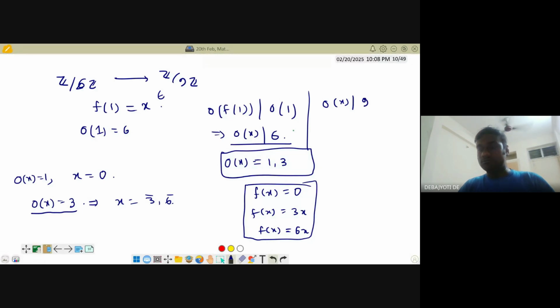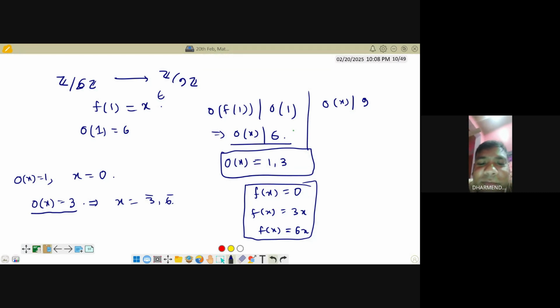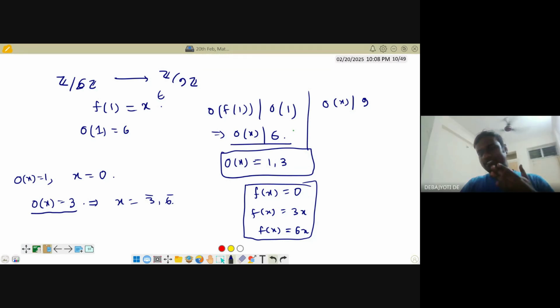Can you tell about your PhD journey also? Yeah, I completed my MSc in 2021. After that I tried for a PhD position, but in my time there was COVID. In 2021 there was no NET exam, and even that time the NET exam was very irregular.